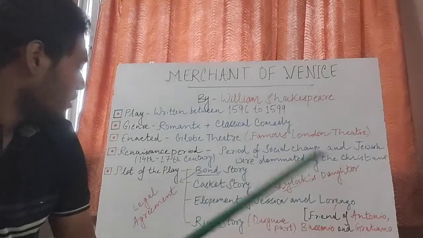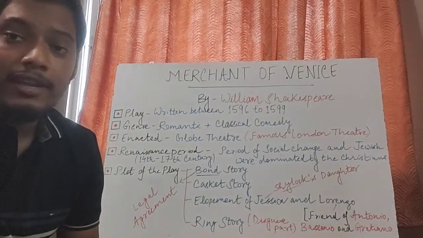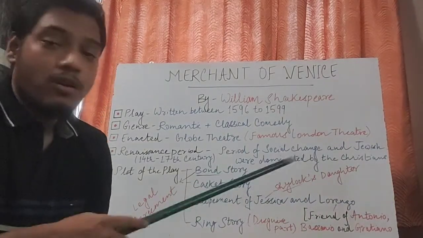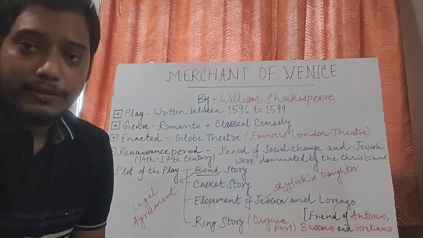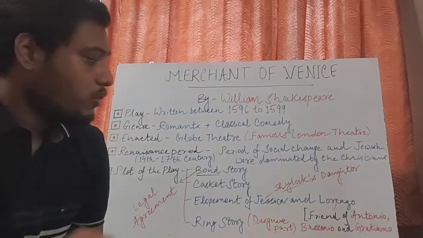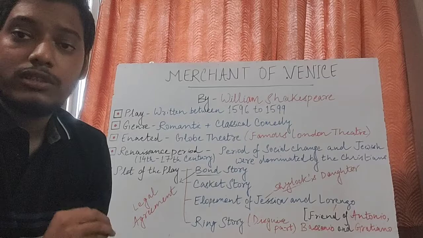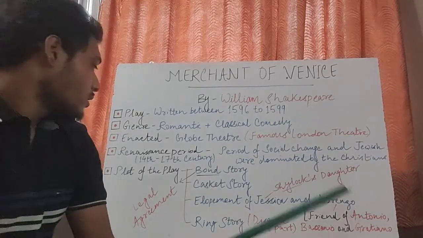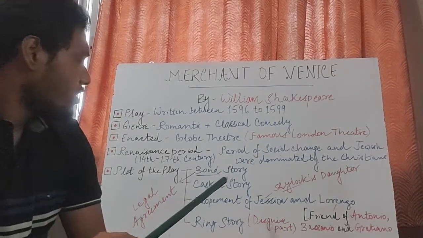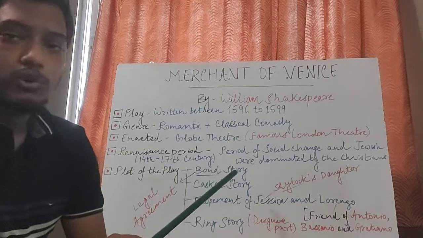The next part is the plot of the play. This is one of the most important things. You need to understand this portion carefully. Now, the first part is the Bond story.